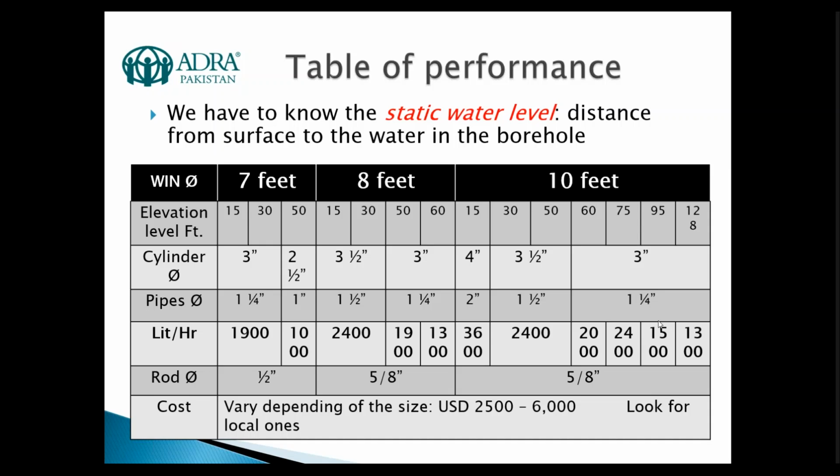We are using more or less in this scale 95 feet deep, 75 is the most common depth of the water that we are getting, and we are getting 2,400 to 15,000 liters according to the place and the yield of the borehole.